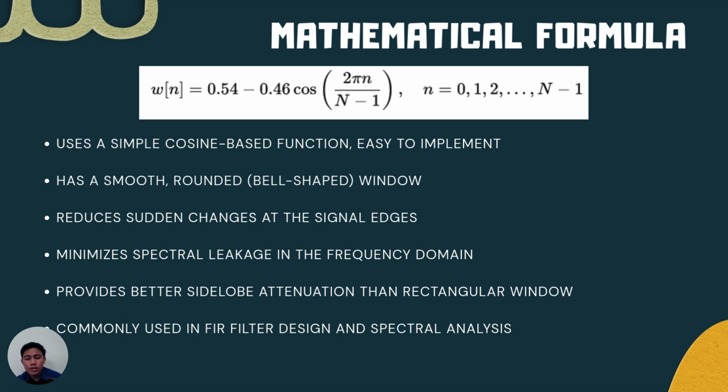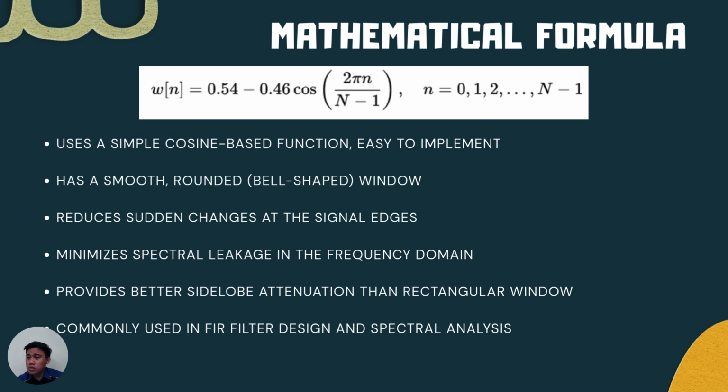Third, reduces sharp change at the signal edge. Next, minimizes spectral leakage in the frequency domain and provides better side lobe attenuation than rectangular window. And lastly, commonly used in FIR filter design and spectral analysis.